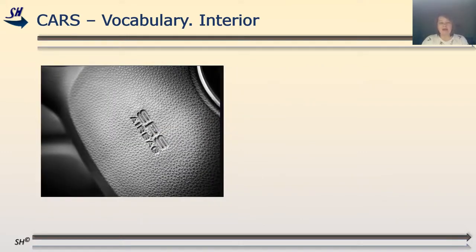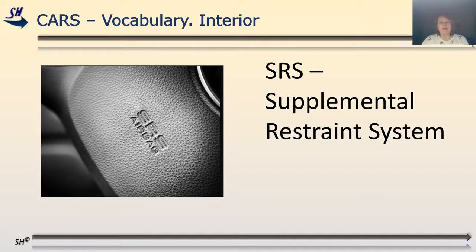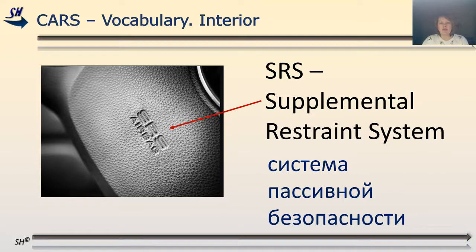Sometimes we see that it says SRS airbag. What does it mean? SRS means Supplemental Restraint System. That means that this is a special system that restrains you or prevents you from hurting yourself. This is an additional system, supplemental restraint system, airbag.